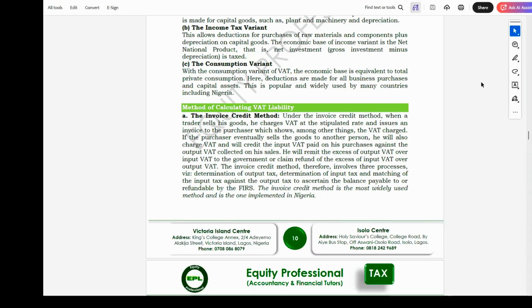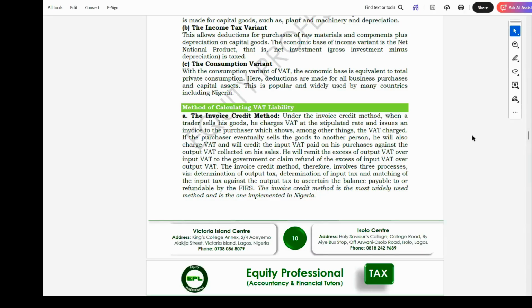So you must get the value of your input VAT and your output VAT whenever an invoice is raised.